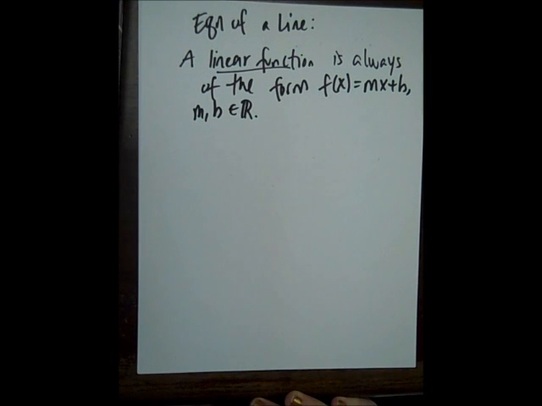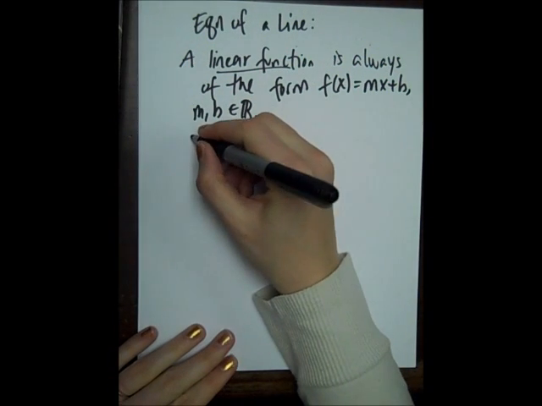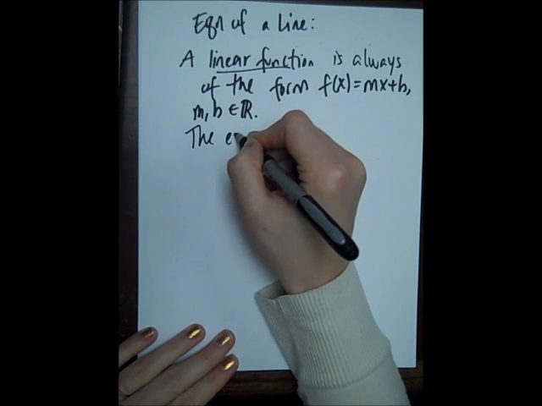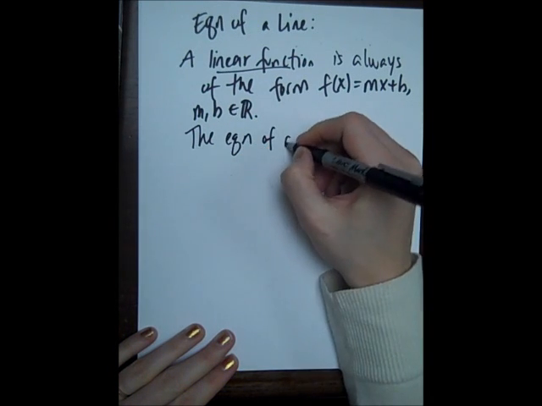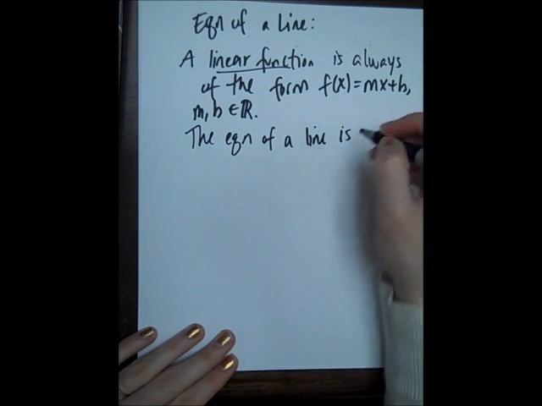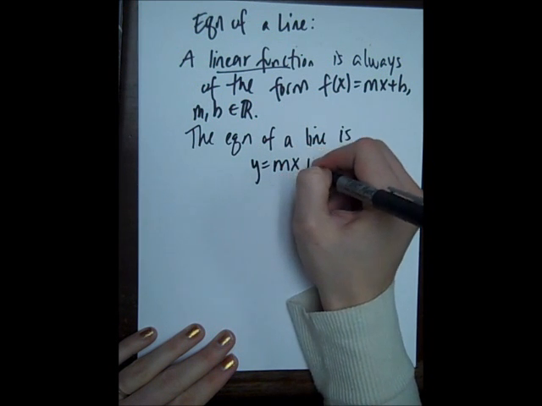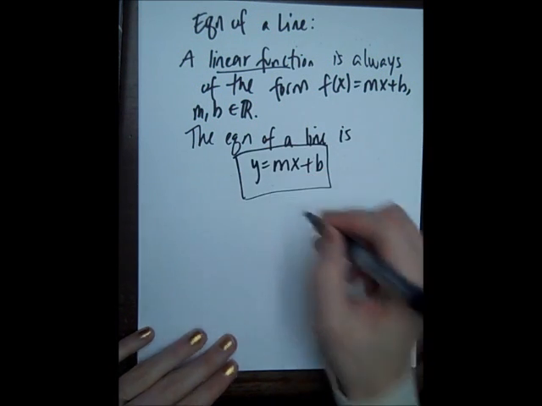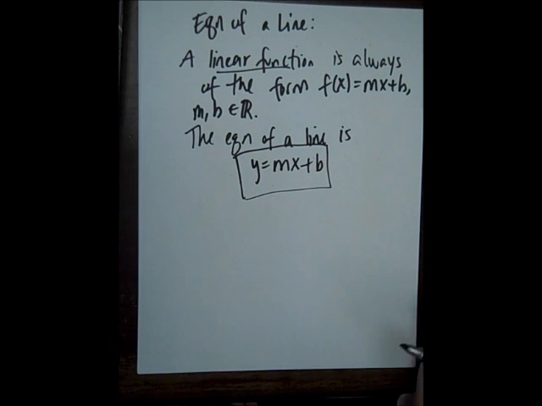The equation of a line that we're going to work with, now there are different equations that you could write, or different forms of the equation. We're going to stick with slope-intercept form. So the equation of a line is going to be y = mx + b. I'm going to put a box around this because throughout the semester this is what we're going to use.